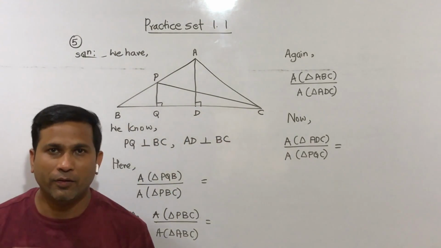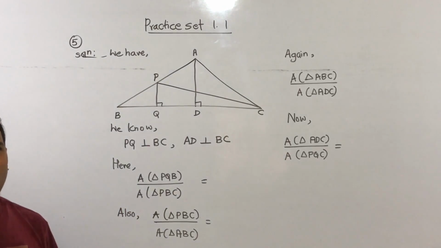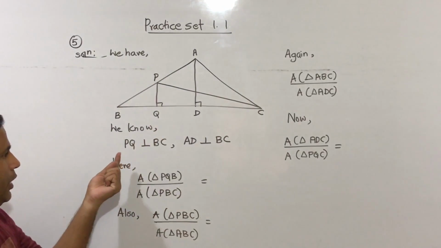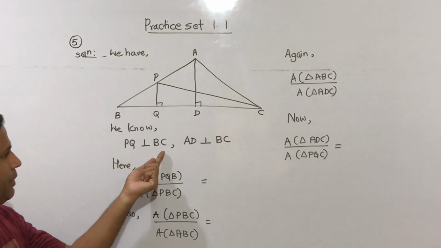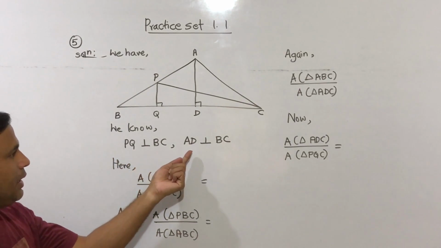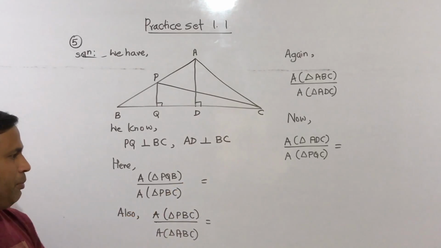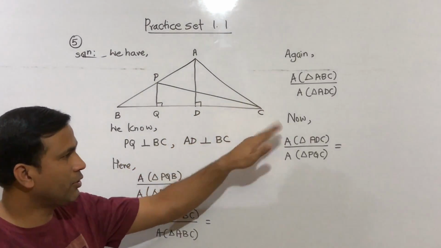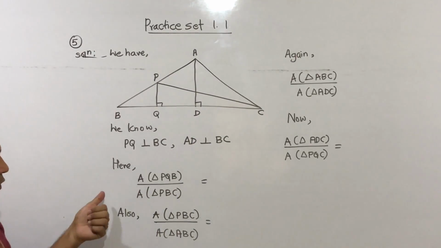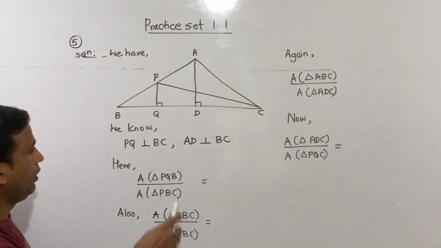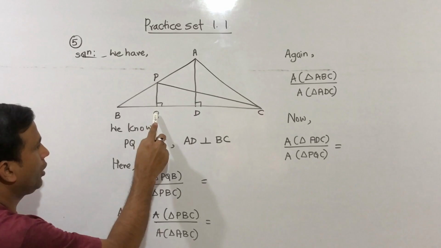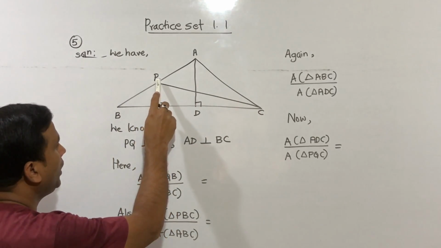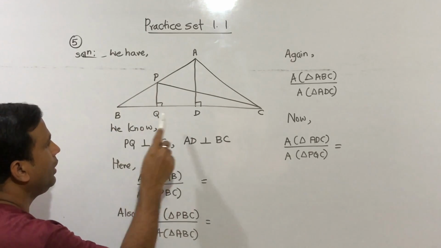Let us start with sum number 5 from the same practice set. If you observe the figure, PQ is perpendicular to BC as well as AD is perpendicular to BC, and they are asking you to find the ratio of the areas of the triangles. Let's start with the first one: area of triangle PQB and triangle PBC.